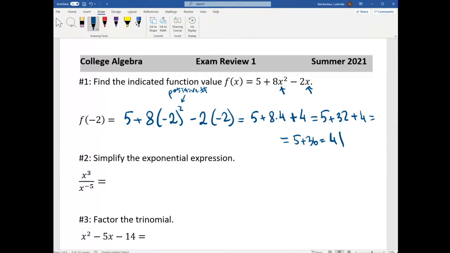Simplify the exponential expression. So we have exponents in numerator and in denominator, and recall, if you have an exponent in the denominator, you can rewrite it in the numerator by switching the sign.